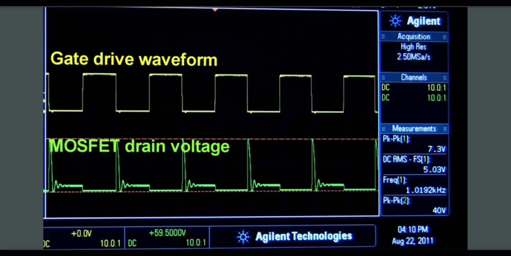When we use a circuit with an inductor and the MOSFET as a switch, the relationship between the gate voltage and the drain voltage is something of this sort. What happens here? The problem is that we get a spike in the drain voltage when the gate voltage goes from high to low.